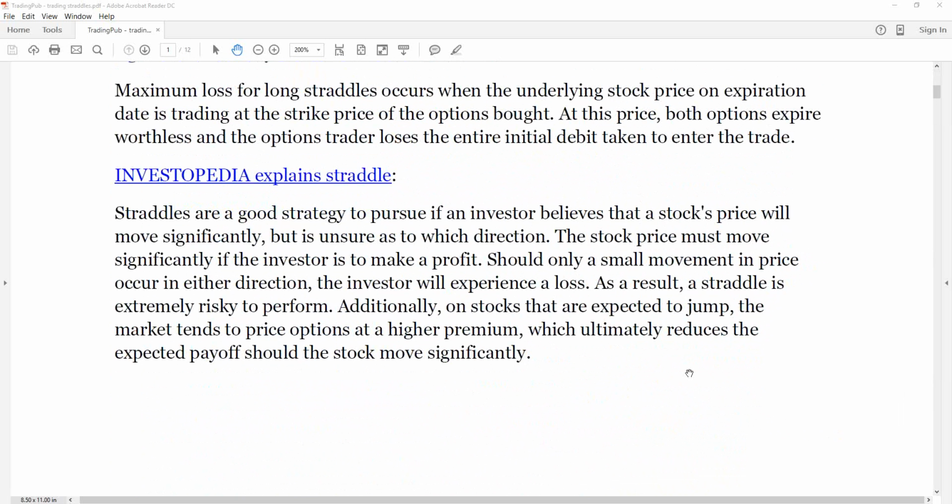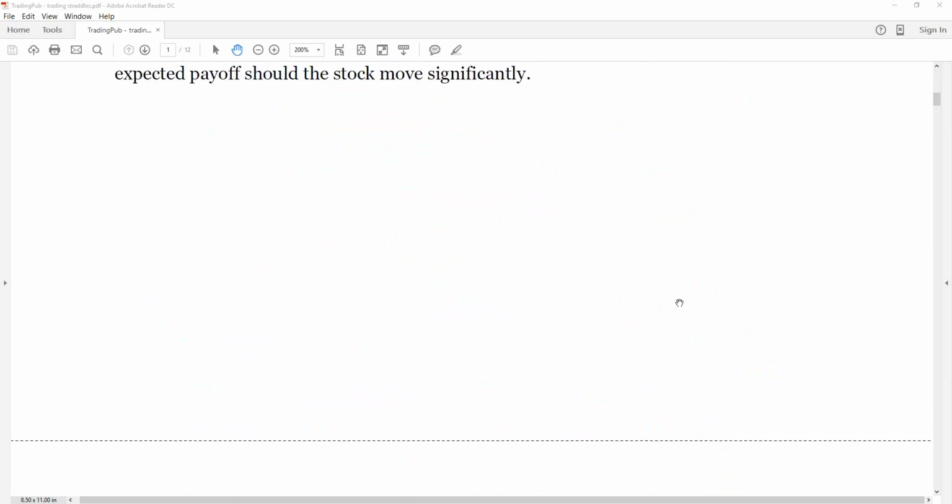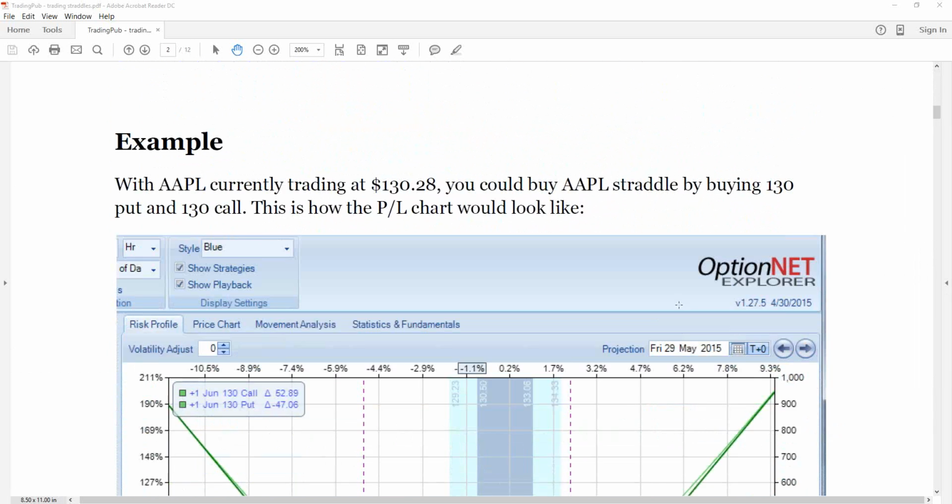As a result, a straddle is extremely risky to perform. Now, we will see that the straddles that we trade at Steady Options are not as risky as they seem, because we're trading a very specific type of straddles, and we will see it later. So right now we can go and see some examples.